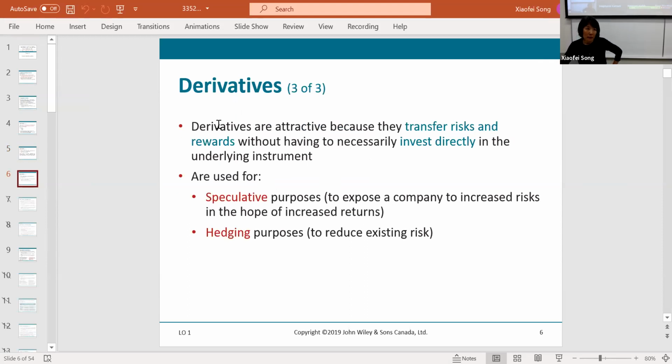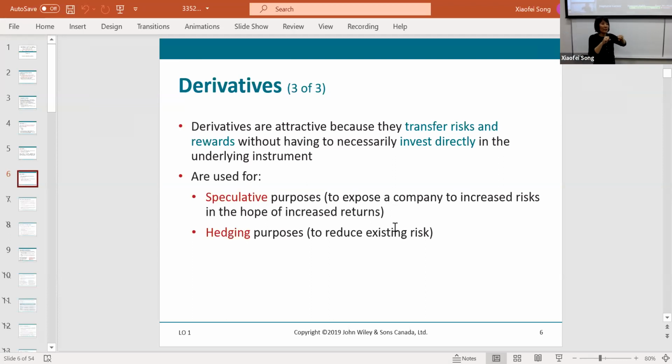Okay, who would get involved in transactions of derivatives? Speculators. They engage in transactions with derivatives for speculative purposes, to expose a company to increased risk in hope of increased returns. Hedging is to reduce existing risk, sometimes for a fee, but risk and loss are not the same thing, right?